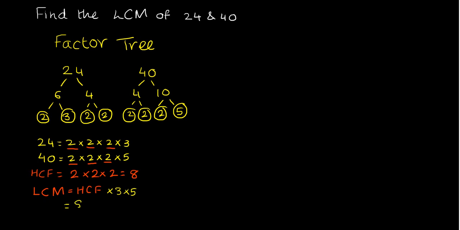So that's 8 times 3 times 5 is 15, which is 120. Okay, so the lowest common multiple is 120. So 120 is the smallest number that comes in the 24 and 40 times table, and we're going to try the same thing using the ladder method.